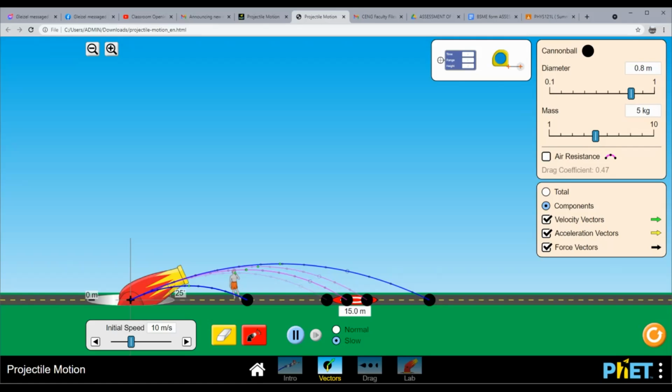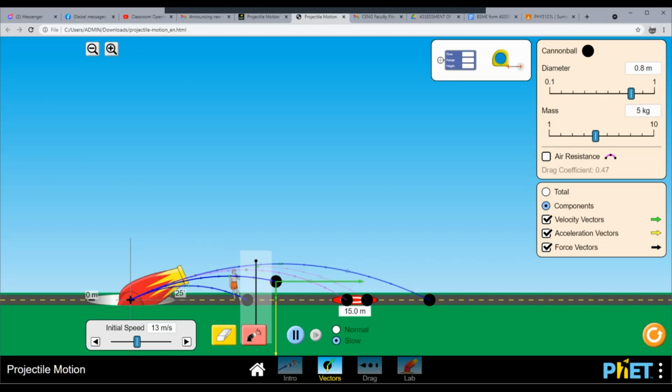Kanina 16 meter per second, then we reduced it to 10 meter per second. But we want to hit the target at 15 meters. Ano yung most probable na range ng initial speed natin? It should be between 10 meter per second up to 16 meter per second. So let us try. Try natin yung 13.